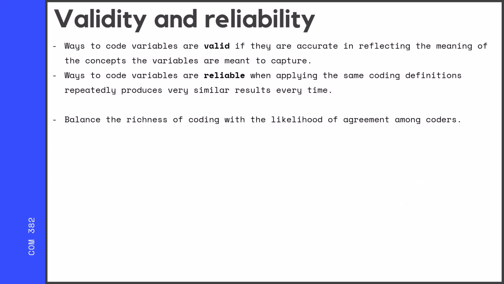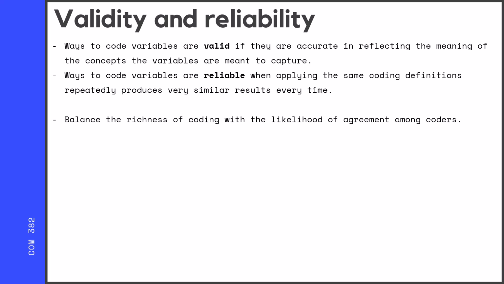But your codes need to be both valid and reliable. Coding is valid if the codes are accurate in reflecting the meaning of the concept that they're actually trying to capture, right? So if you're coding something with body image, it really does need to match that conceptual definition that you had.